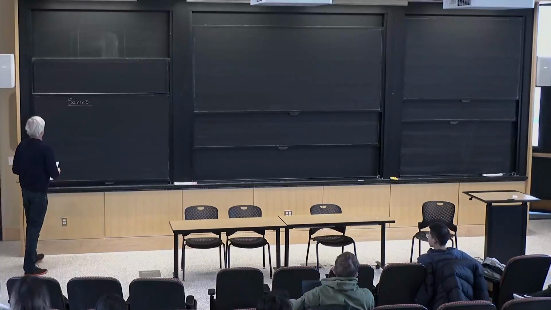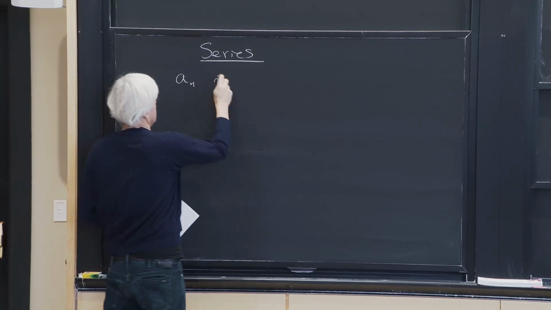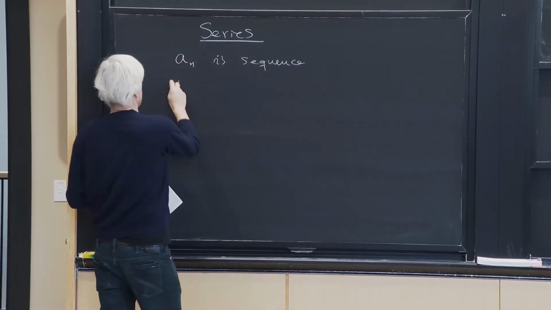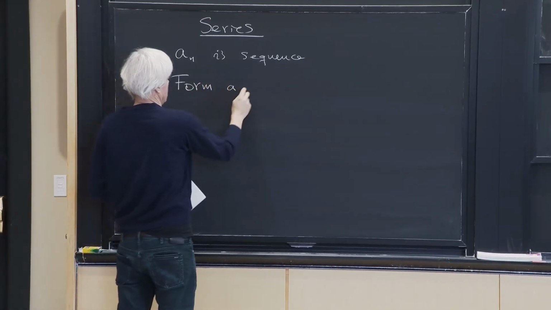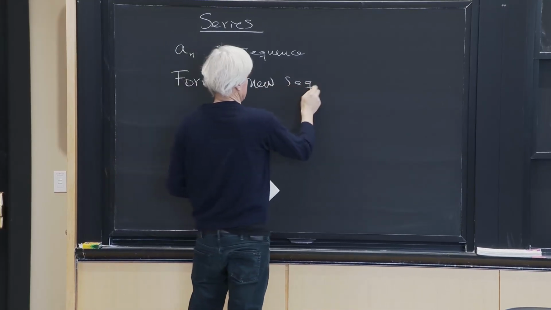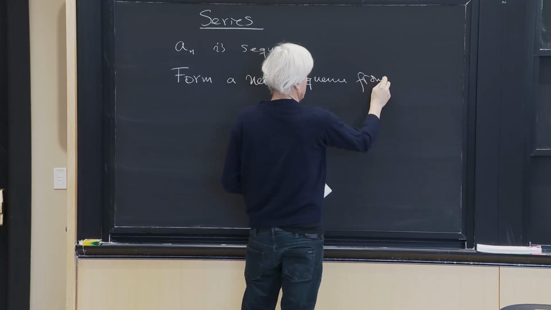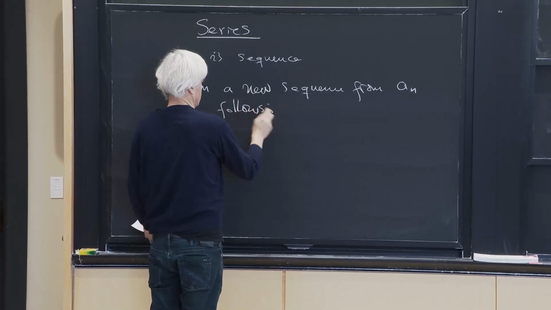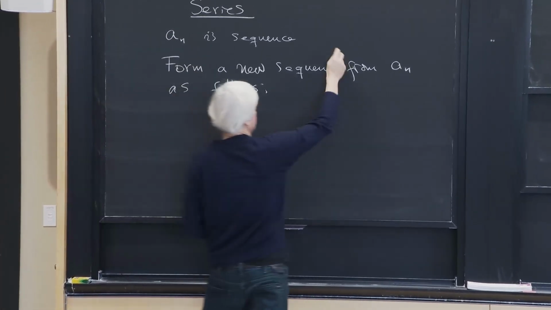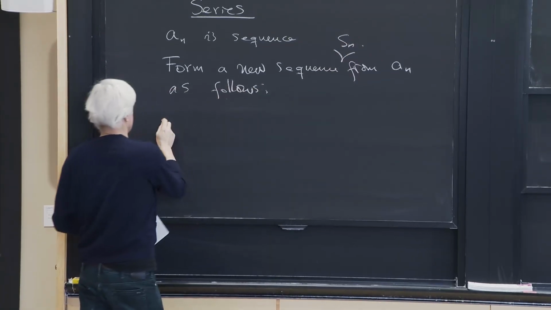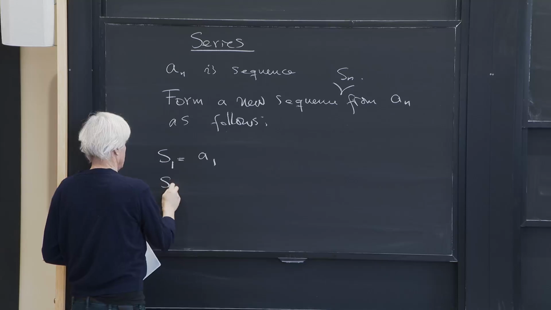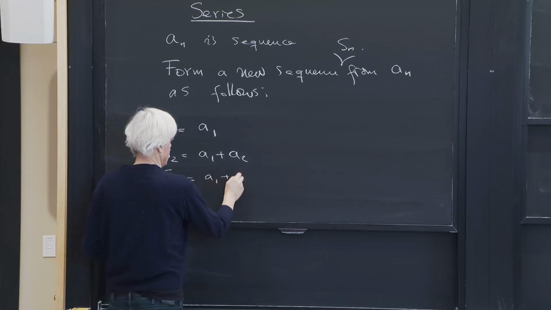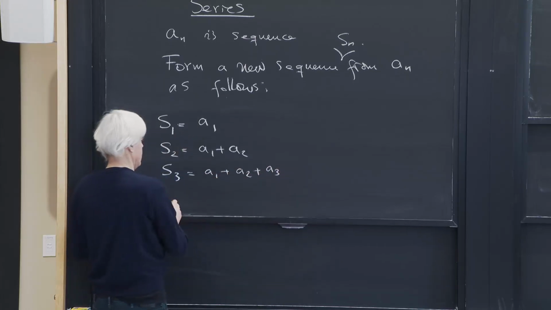A series is where you start with a sequence, a_n, and then you form a new sequence from a_n as follows. The new sequence, let's call it S_n, has S_1 equal to a_1, S_2 equal to a_1 plus a_2, S_3 equal to a_1 plus a_2 plus a_3, and so on.